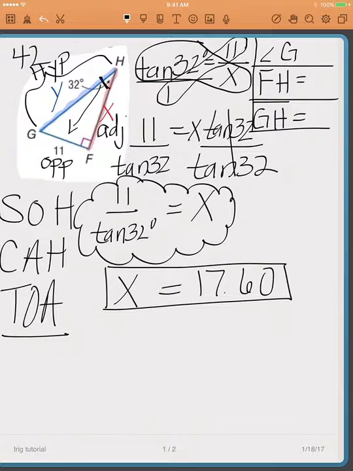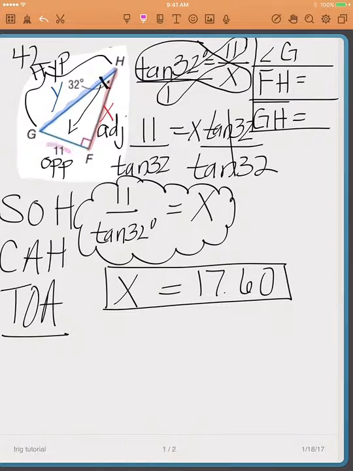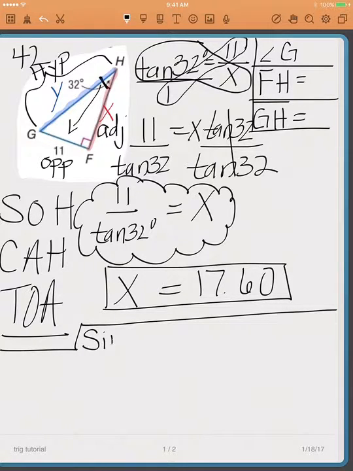Now let's solve for y. So y is the hypotenuse. So I have the opposite and I have the hypotenuse. Opposite and hypotenuse is sine. So let's solve using sine. I'm going to do the sine of 32 degrees equals opposite, which is 11, over the hypotenuse, which is y.